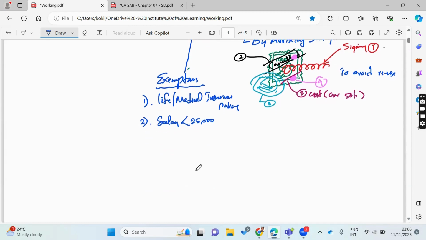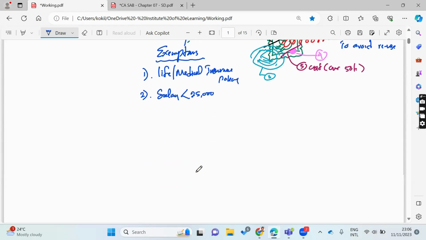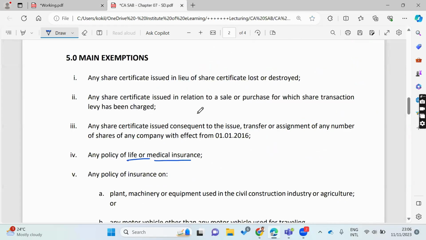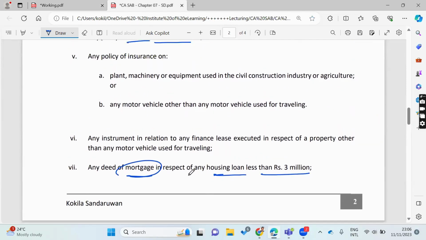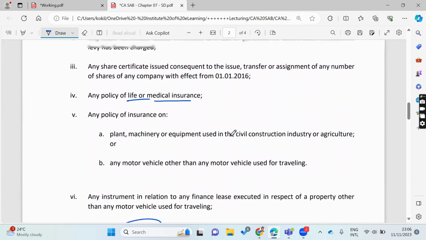Then you can also write down other stamp duties based on this. Here, if you have any deed of mortgage in respect of a housing loan of less than 3 million, then again no stamp duty. A lot of these exemptions are there.